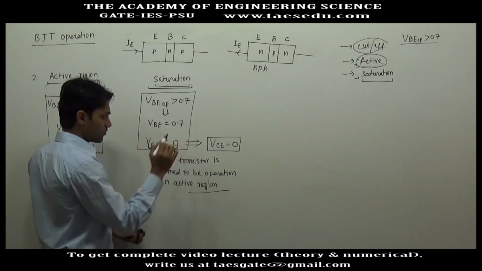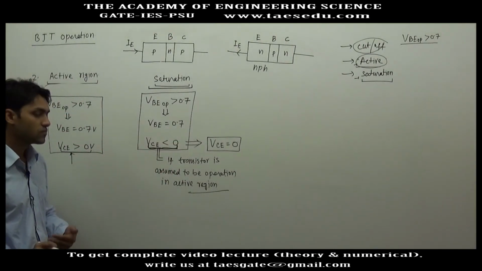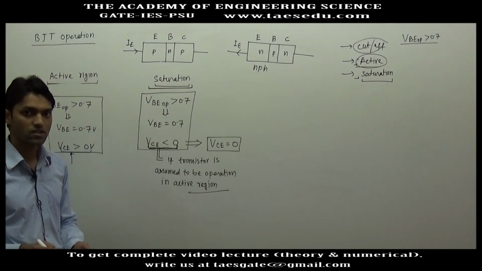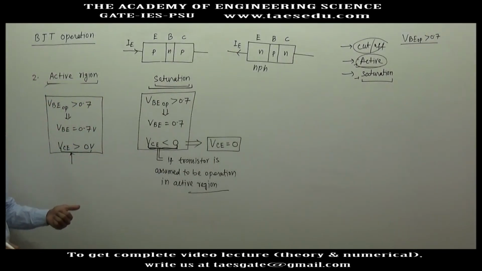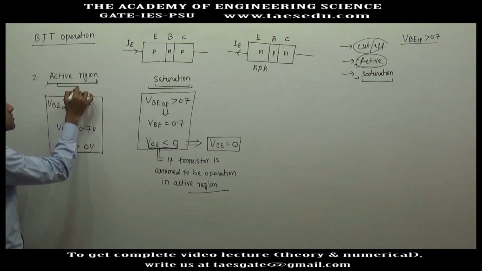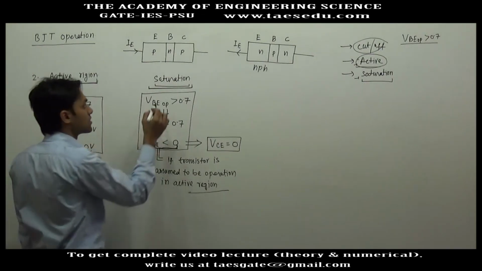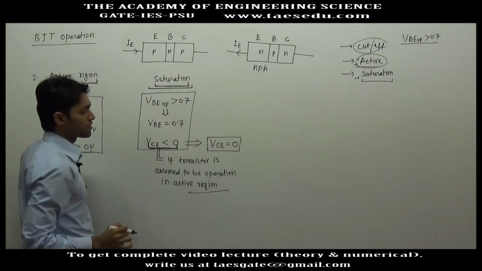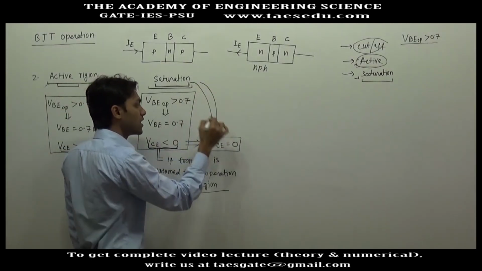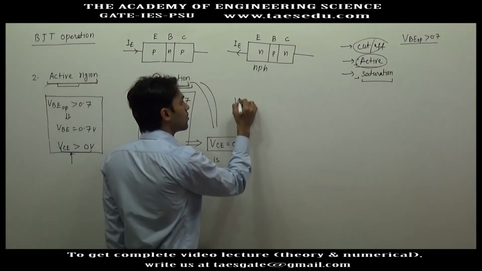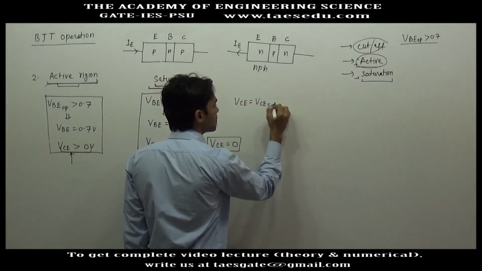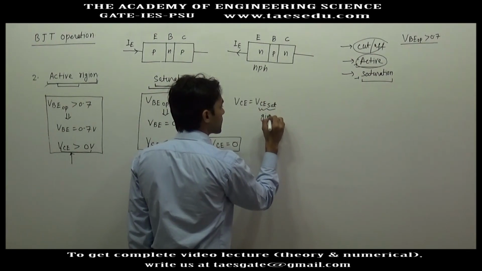And if you are getting the wrong result, you will immediately understand that your assumption was wrong, and the transistor will actually be operating in saturation region, and when it is operating in saturation region, VCE will either be equal to 0 or equal to VCE saturation. This will be given in the question.